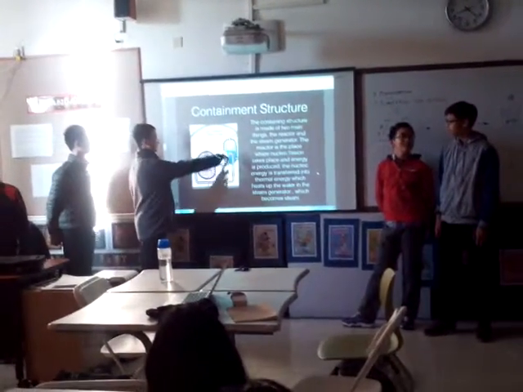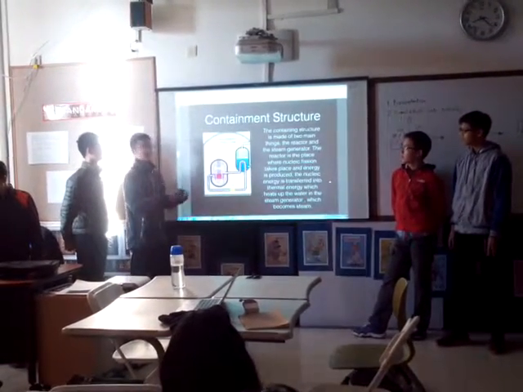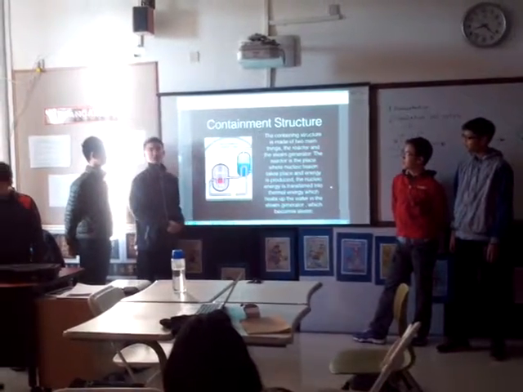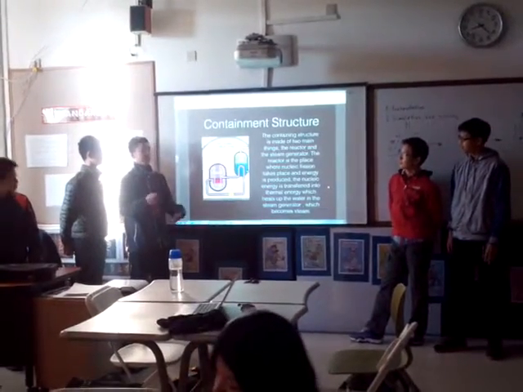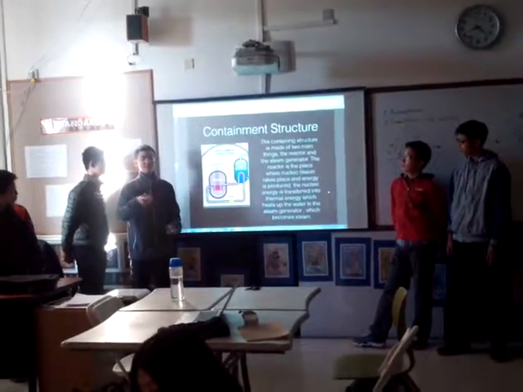And then the heat goes down and back into the reactor, which gets heated up again. And this is a cycle over here, which is how the heat travels from the nuclear fission reactor into the steam generator.